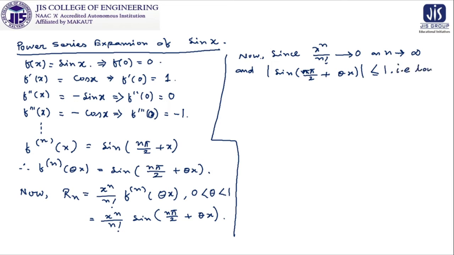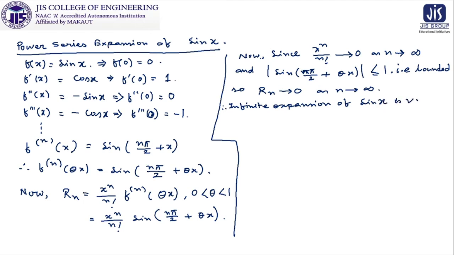That is, our target is to prove that it is bounded, and we are able to do this such that we can claim that Rn tends to 0 as n tends to infinity. So we are able to prove this one. So we can claim that the infinite expansion of sin x is valid.